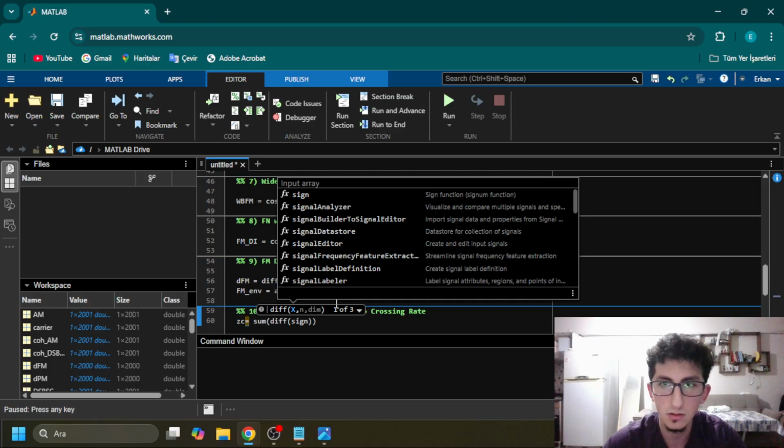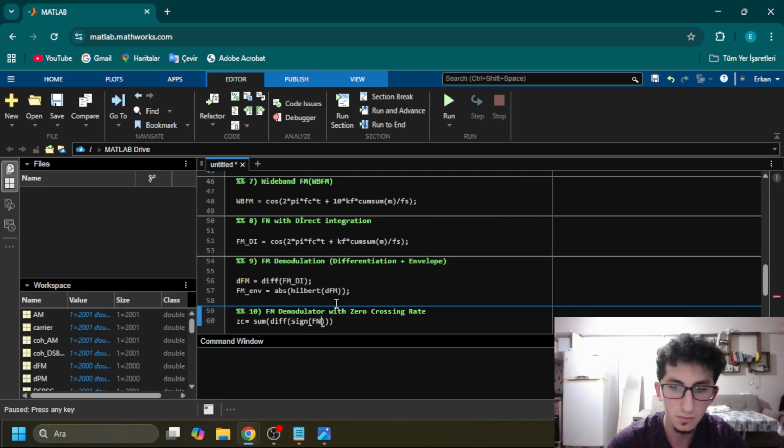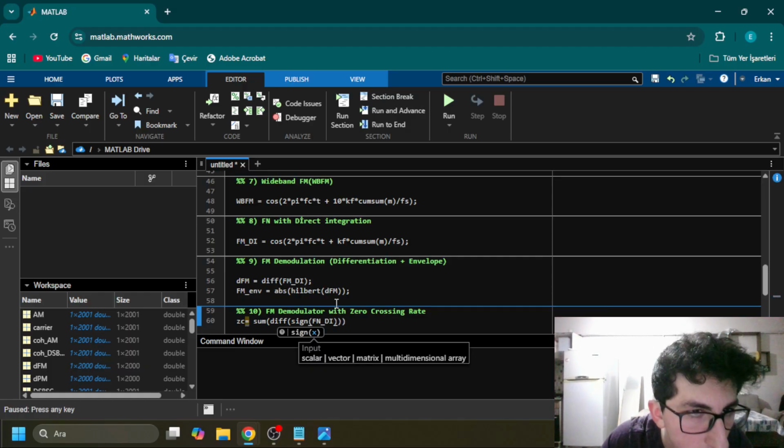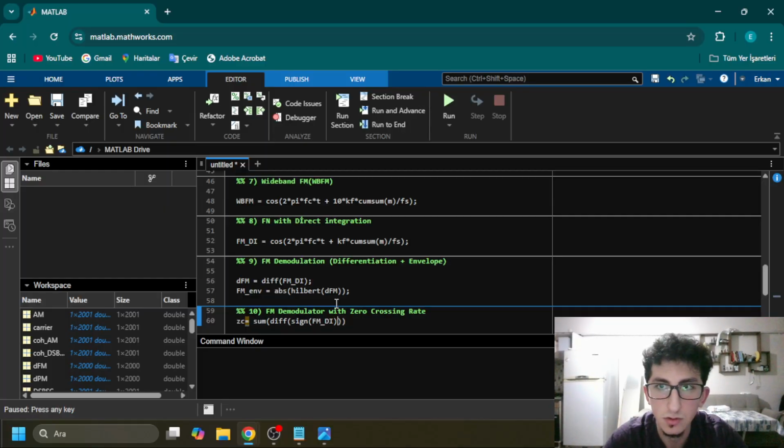Sign, and also FM, not N, FMDI, and it's gonna be close to 0, and then it will be divided by length of FMDI.